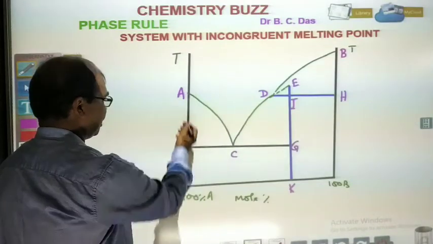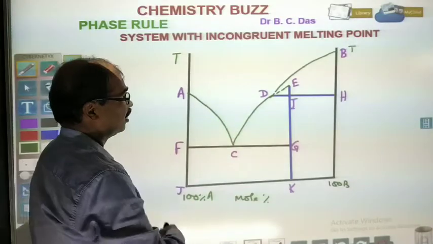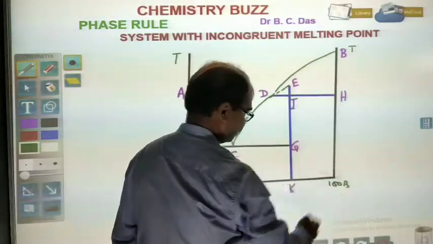A is the melting point of component A, and B is the melting point of component B.